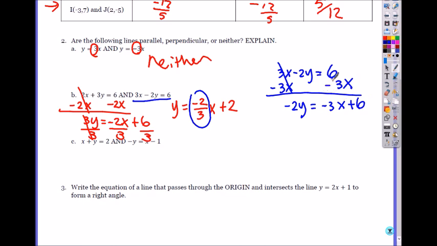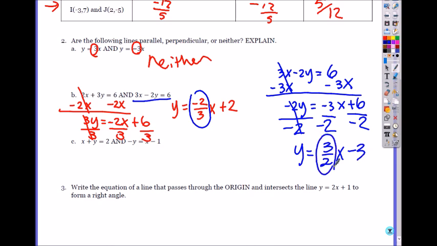Y equals mx plus b, so put x first. And positive 6 is plus 6. Now you divide by what? Negative 2, negative 2, negative 2. So I get y equals, what's negative divided by negative? Positive 3/2 x minus 3. So what's the slope? 3/2. So are they the same? Are they opposite reciprocal? Yes, so they are perpendicular.